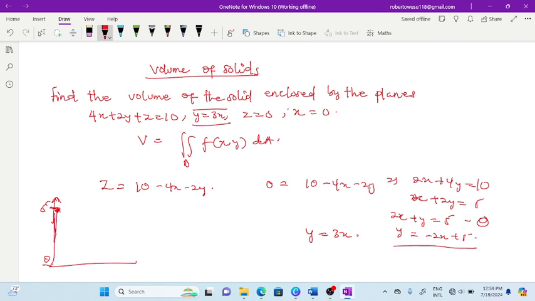Then remember that when I have y to be 3x also, and I put that y equals 3x here, I'll have 3x is equal to negative 2x plus 5. And I'll have 5x is equal to 5, giving me x is equal to 1. So the boundaries for x are 0 and 1.